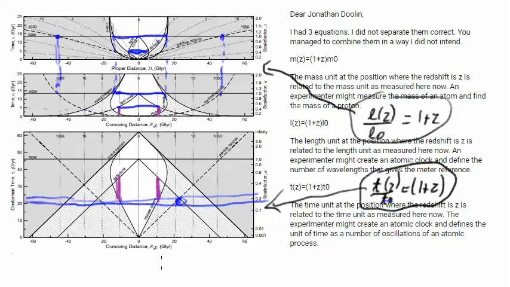But then the wavelength of that photon is just the speed of light over its frequency.